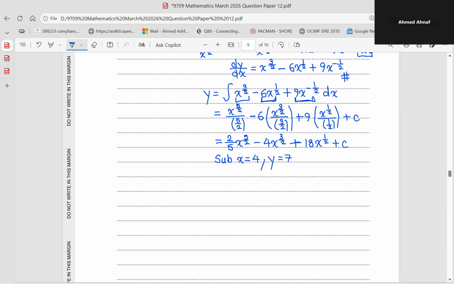Okay, so 2 over 5 times 4 to the power of 5 over 2 minus 4 times 4 to the power of 3 over 2 plus 18 times 4 to the power of half plus c is equals to 7.